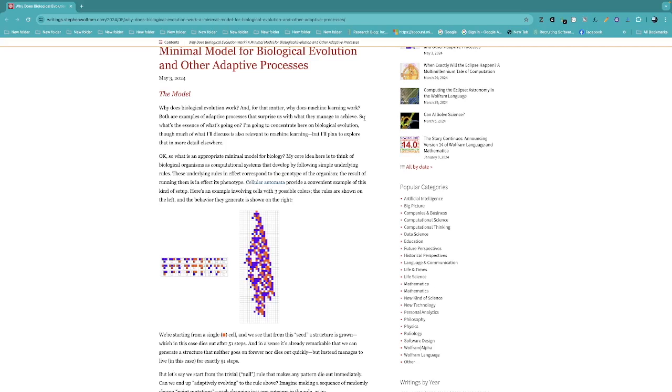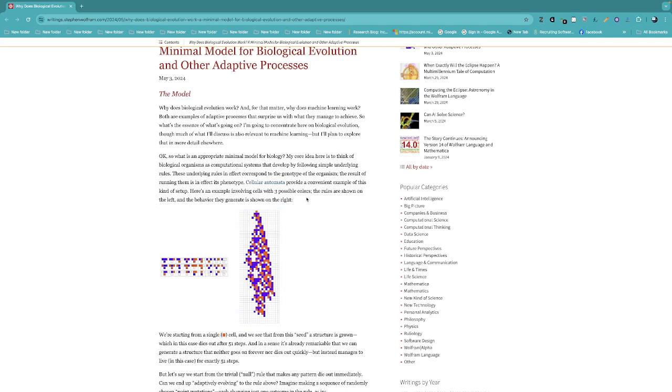But sometimes we want our minimal models to be even more minimal than that. So this is where we have cellular automata. Cellular automata, of course, is this grid of cells where each cell in the grid has certain properties. It can transition between states and so forth.